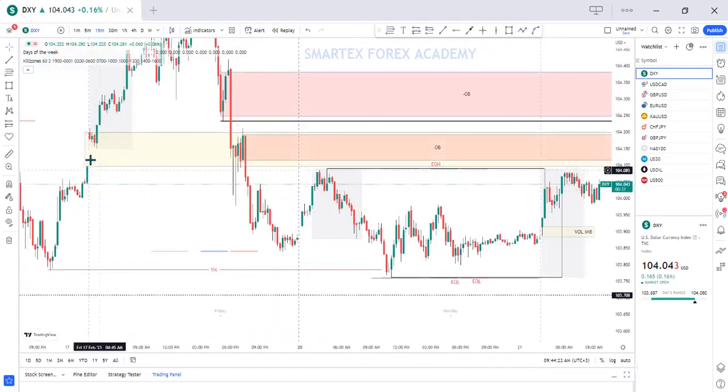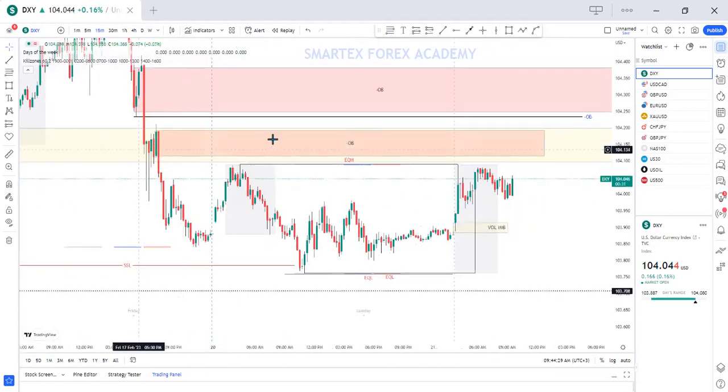Also, as you can see in this volume imbalance, we have another array here, which is nested in that imbalance, which is clean and unmitigated. Also below it, we have equal highs. This is Monday's Asian high, and today's Asian high forms equals.